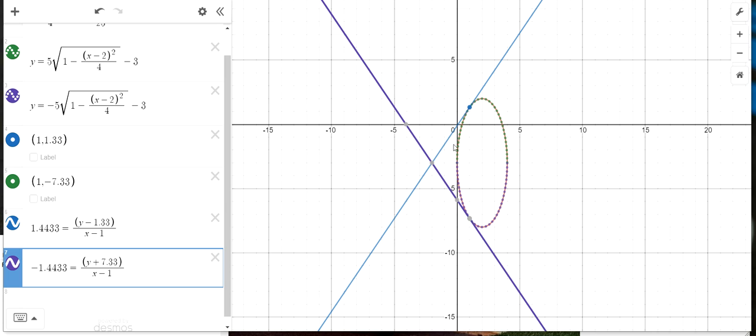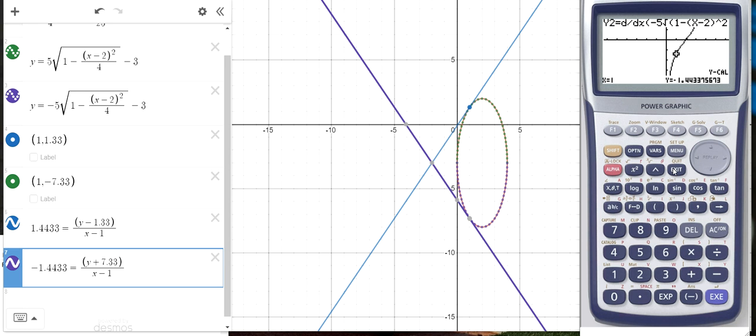And there we are, the second tangent. That's pretty much it, and that's how you can work out your gradients and your points of intersection and everything you need for writing down the equation of the tangent.